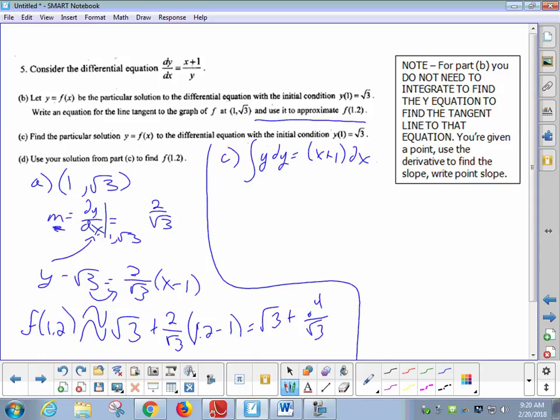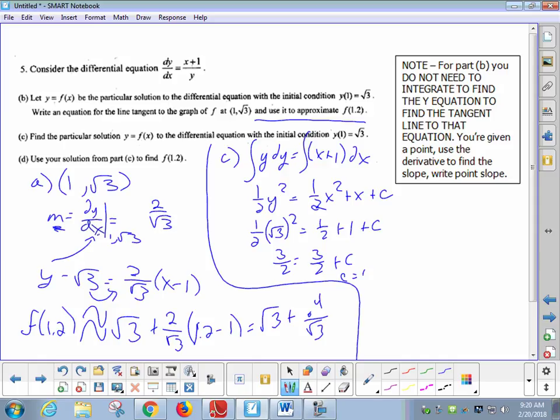Anyway, if I integrate, 1/2 y squared equals 1/2 x squared plus x plus a c. Do you agree with my antiderivatives? Those are pretty easy antiderivatives, I think. Using the initial condition 1, root 3, 1/2 times root 3 squared equals 1/2 plus 1 plus c. 3 halves equals 3 halves plus c, which implies c is 0. Let's get the c right. 1/2 y squared equals 1/2 x squared plus x.